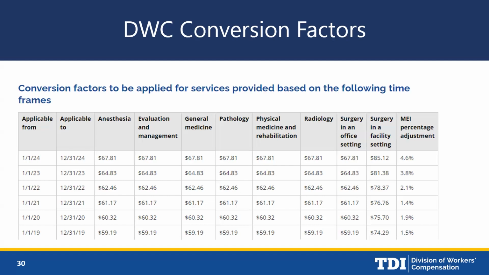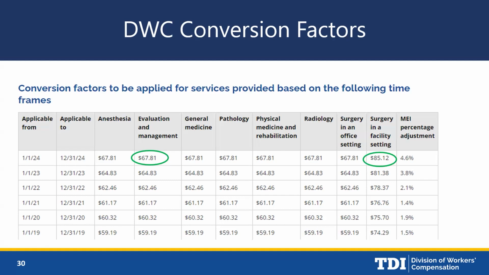This year is the biggest increase ever. So for in-office procedures, it's $67.81. That's good. Also, for those services where your doctor is doing surgery while the patient's in a facility, we're going to pay even higher. $85.12 is our dollar conversion factor.